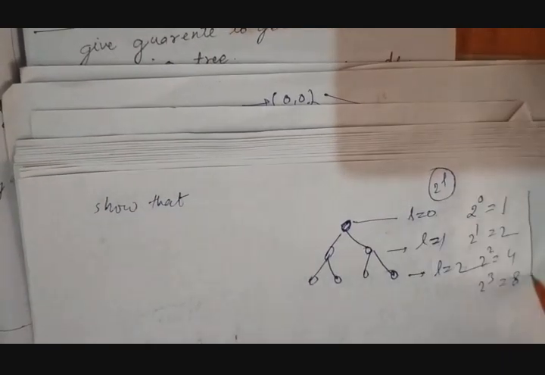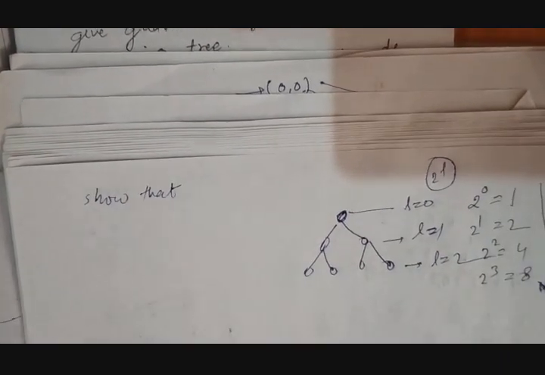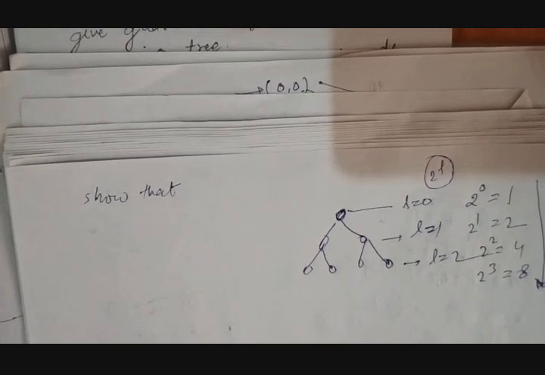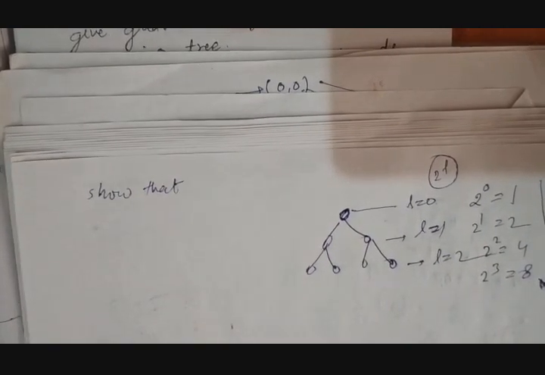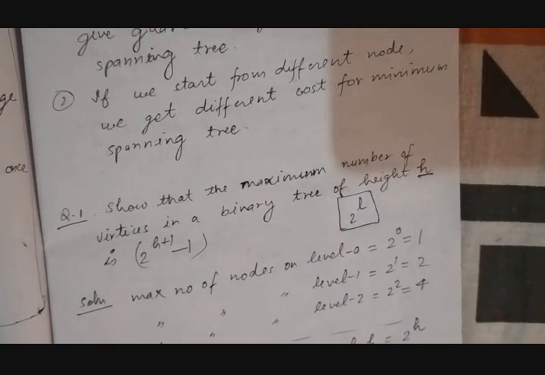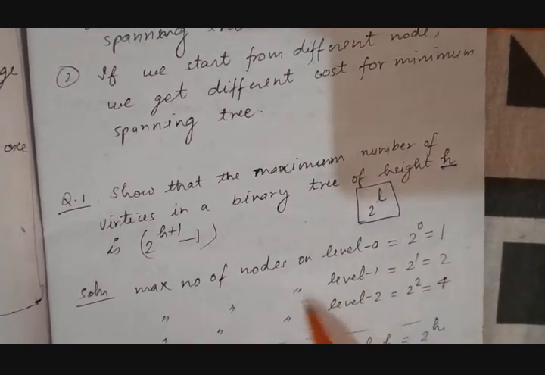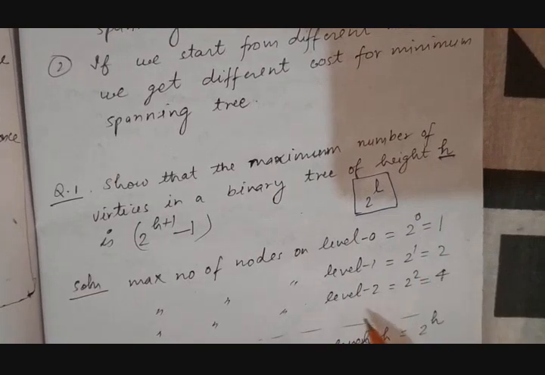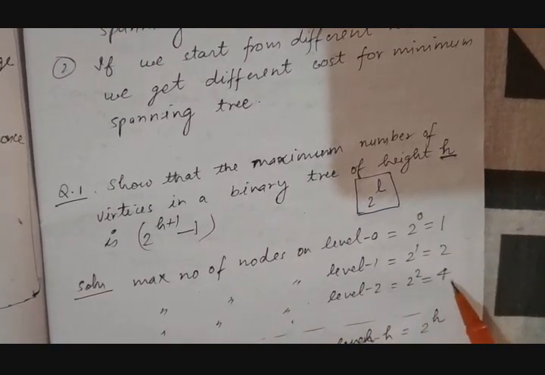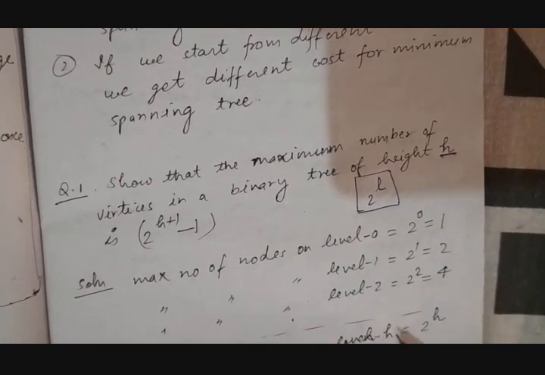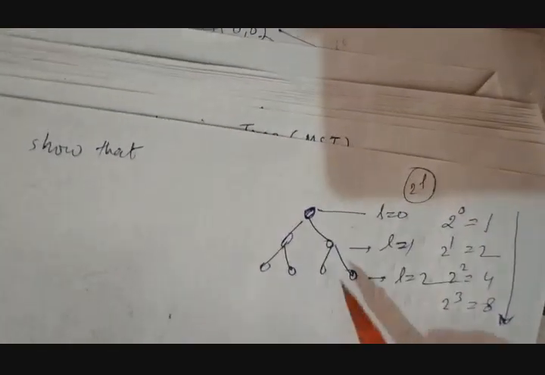So this is how the maximum possible number of nodes at any level of a binary tree will be 2 to the power L. Just see here, the maximum number of nodes at level 0 is 2 to the power 0, 1, at level 1 is 2 to the power 1, 2, at level 2 is 2 to the power 2, 4. So if we talk about the hth level, just see here, what is the height of this binary tree?